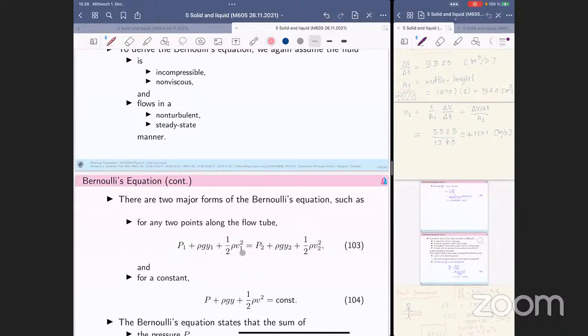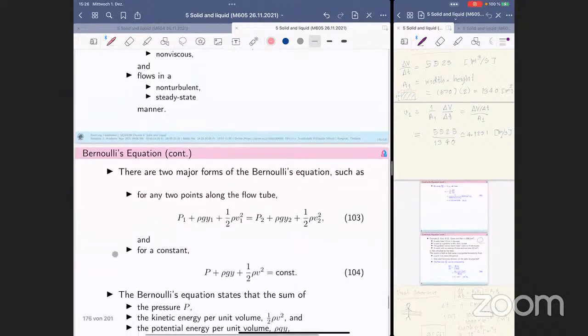You have V1, the speed at the first location, and you have P2, the pressure at the second location. You have Y2, the elevation or height at the second location. You have V2, the speed at the second location, and that's the first form, right?